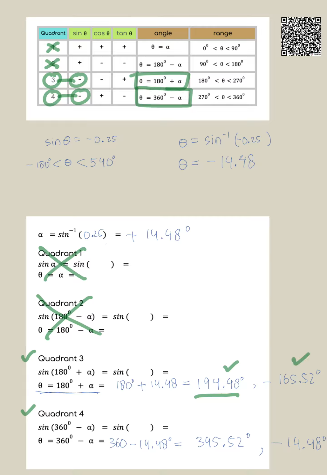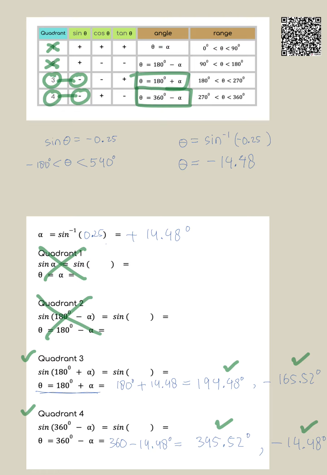Yeah, correct. Sine 345.52, negative 0.25 also. And last one, sine negative 14.48, you get negative 0.25 also. So all our answers here are correct. That's how you do it.